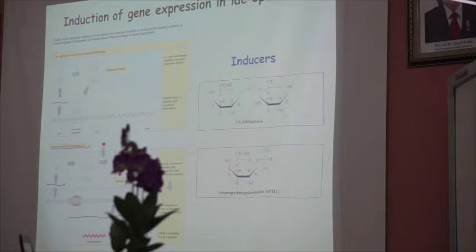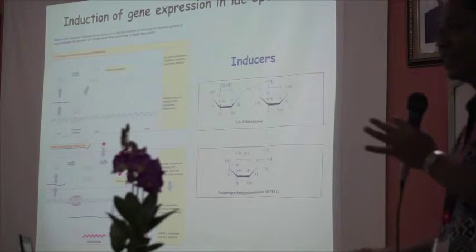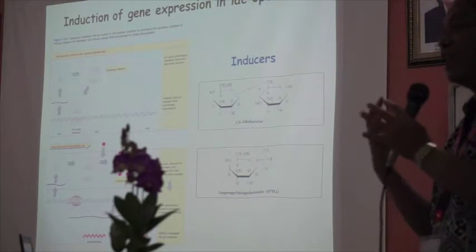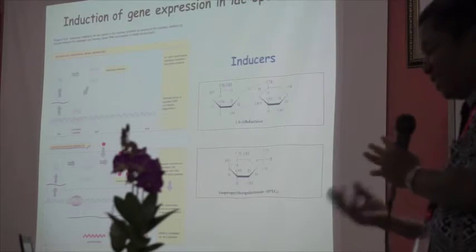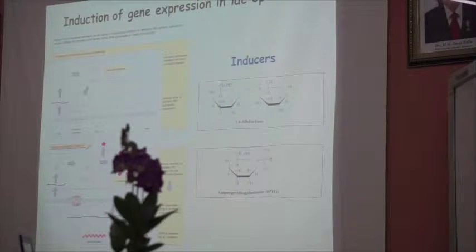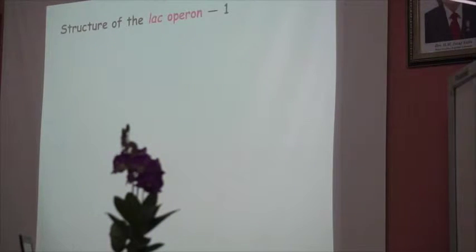So when lactose exists in the cell, the lac operon will be expressed. The lac operon will be expressed only when lactose is available. It is a type of regulation, so the cell is very efficient in facing its environment. This is the lac operon.